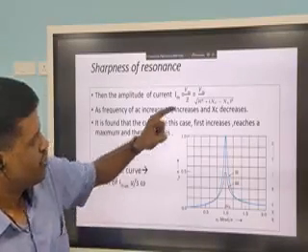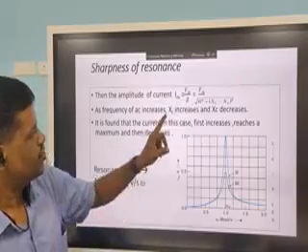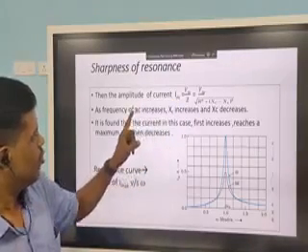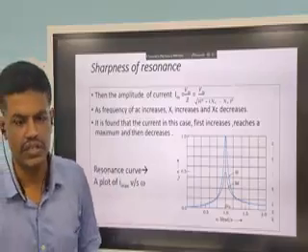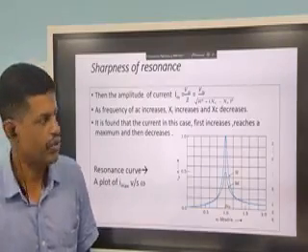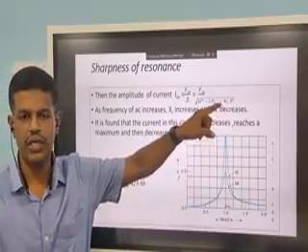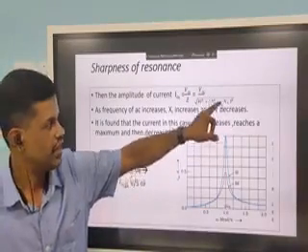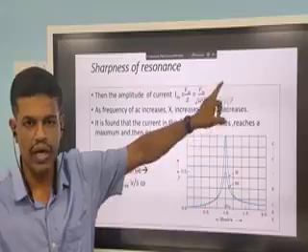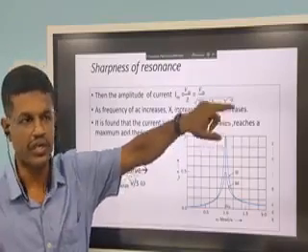Now from this expression, what happens when the frequency omega of AC increases? When the frequency of AC increases, Xc is equal to 1 by omega C, it will decrease. XL is equal to omega L, it will increase.